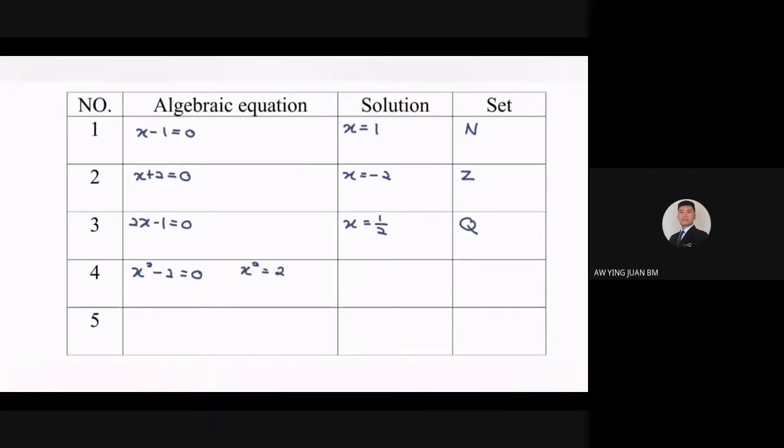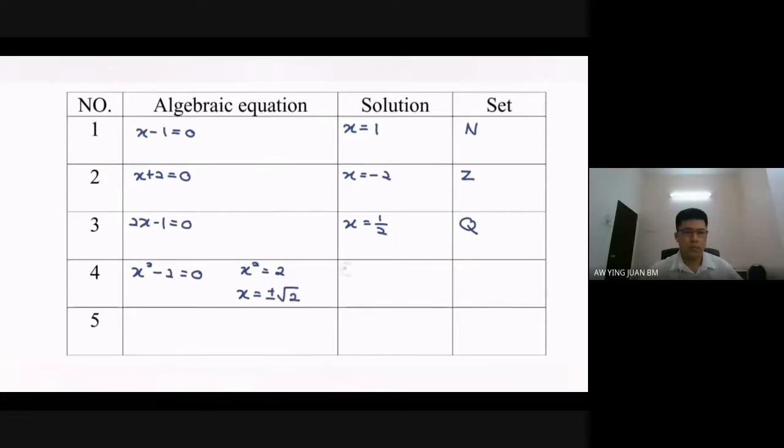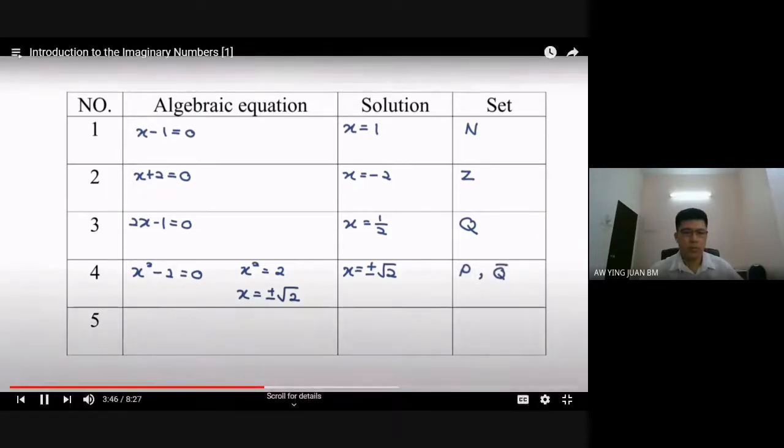If we simplify, x equals plus minus square root of 2. Now the square root of 2 is not a rational number because we can't write it in the form of a fraction, and we denote it as an irrational number with the symbol P, or we can say Q bar. But broadly speaking, it belongs to this class of number, which is the real number.